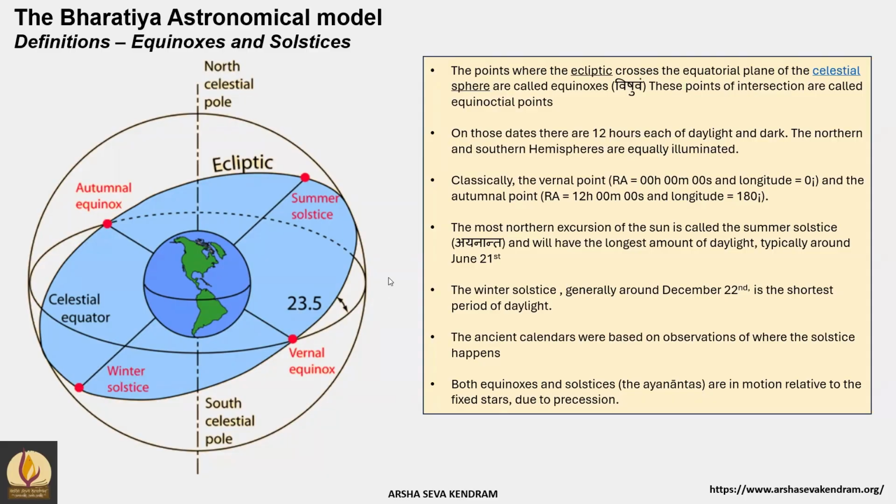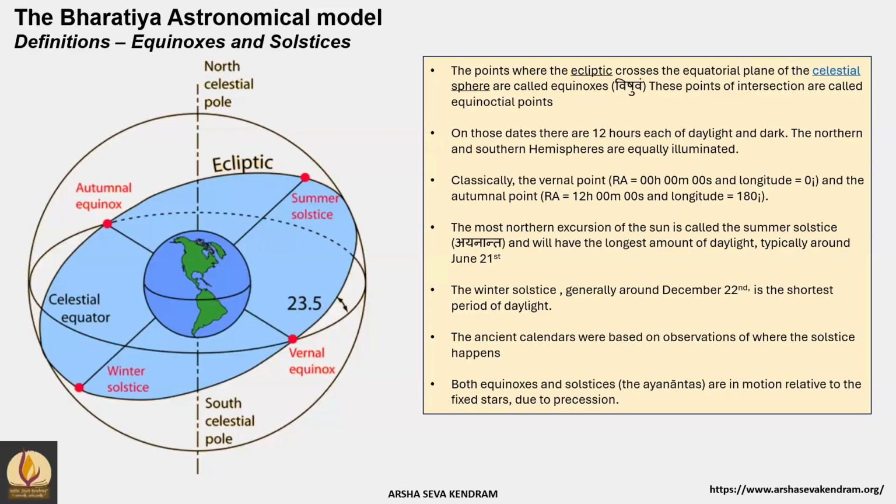So just refreshing some basic ideas of the spherical coordinates and the concept of equinoxes and solstices. We also saw that our ancient Indians, especially belonging to the Vedanga Jyotisha era, were very much interested in understanding or pinning down where this vernal equinox point is in a very accurate manner.